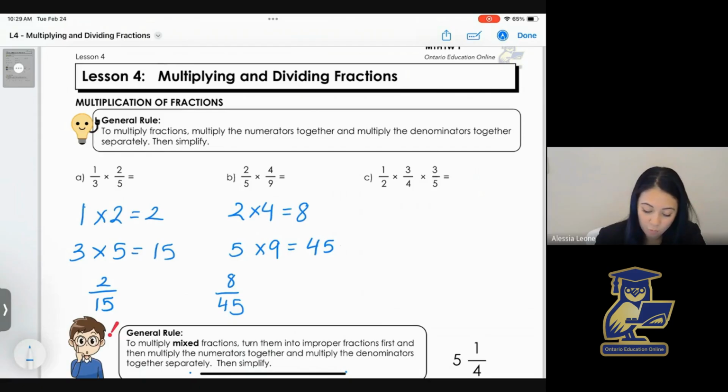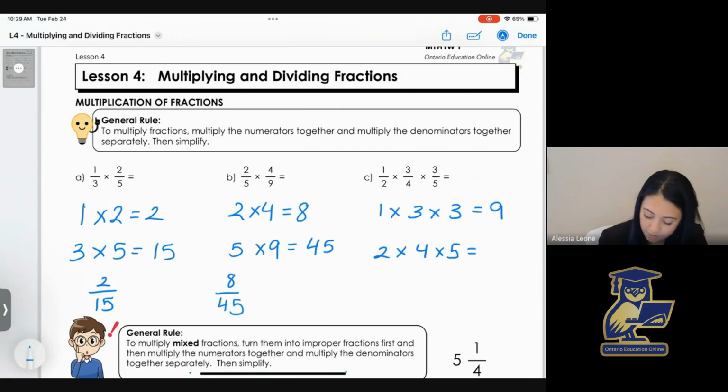Now moving on to the triple multiplication. It's the same rule, we multiply straight across. So we're going to multiply all the numerators. We're going to multiply 1 times 3 times 3, which is 9. And then we will multiply across again all the denominators, 2 times 4 times 5, which gives us 40.